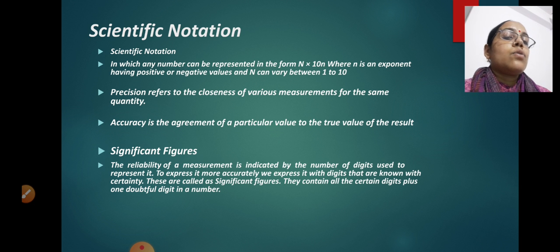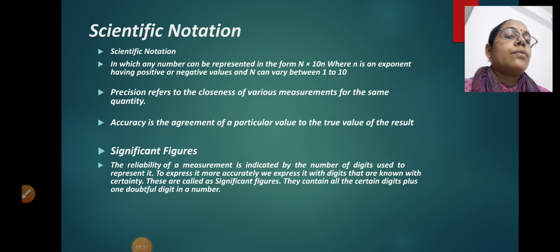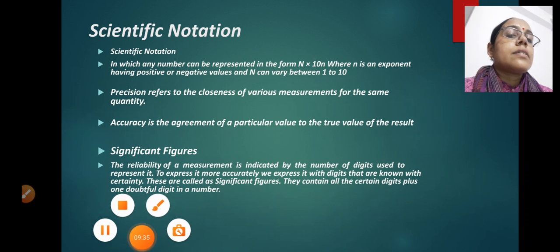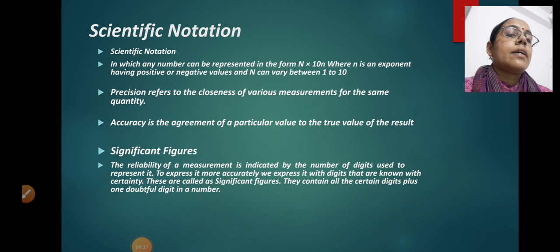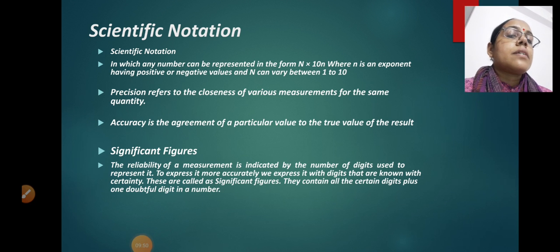These are called significant figures, and they contain all the certain digits plus one doubtful digit in a number.